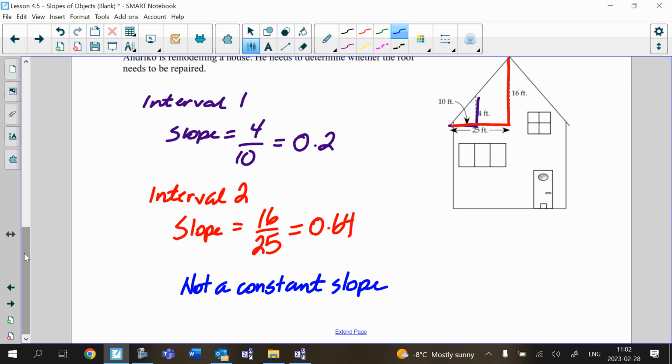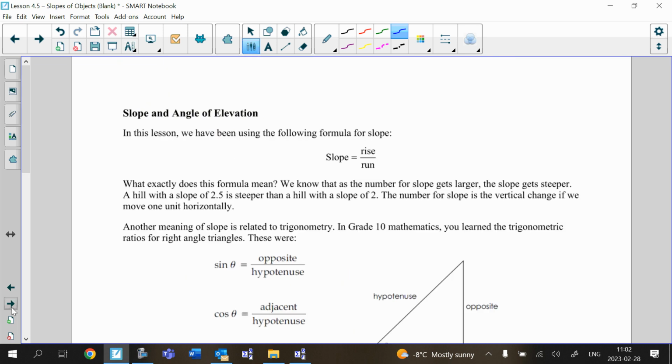One more way that we'll look at, and this is something that you should all have some experience with, trigonometry. But it's the most basic trigonometry we learned in grade 10 to start. It's nothing complicated like sine and cosine laws, or the unit circle or radians.